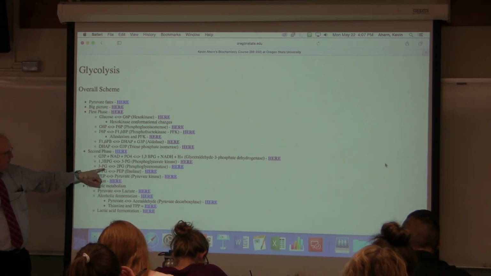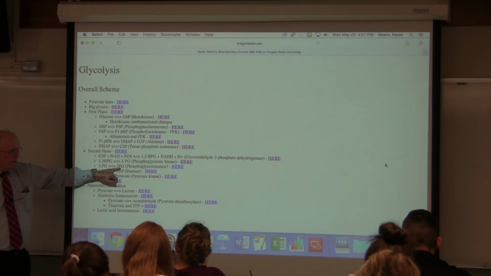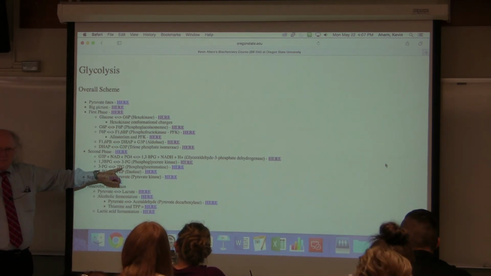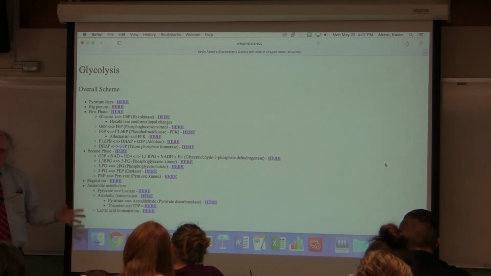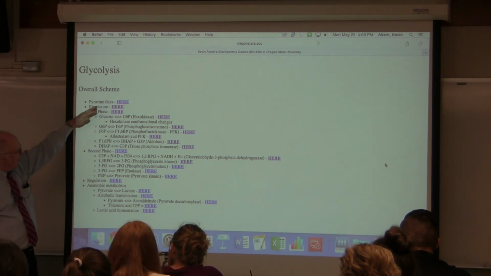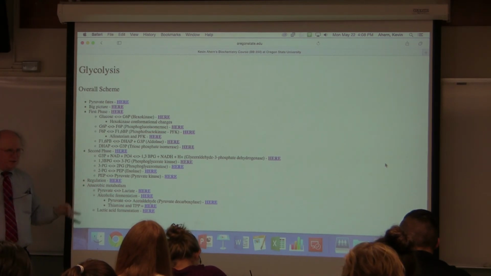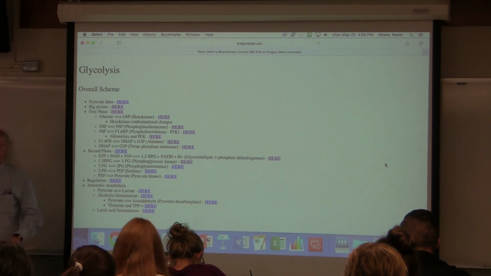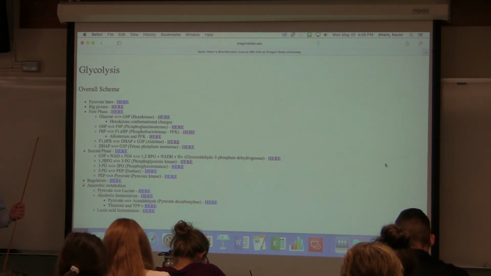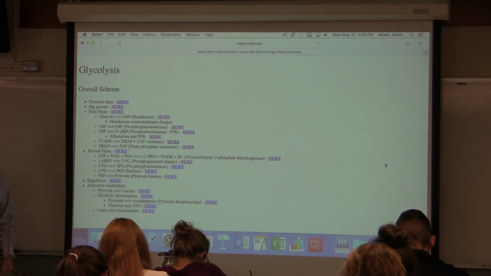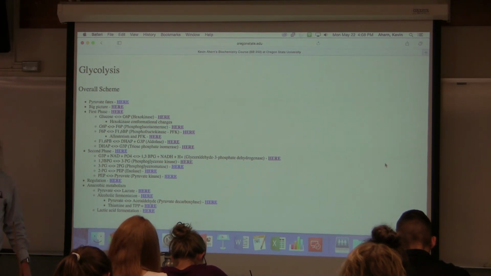Let's say 95% of the 2,3-BPG goes on to become 2PG. That leaves 5% of it that can escape the enzyme. So a small quantity escapes the enzyme. If I have a lot of glycolysis going on, I will have more 2,3-BPG released. Therefore, the more 2,3-BPG is released, the more glycolysis is going on, and therefore the cell is giving the signal, hey, I need oxygen. Okay?